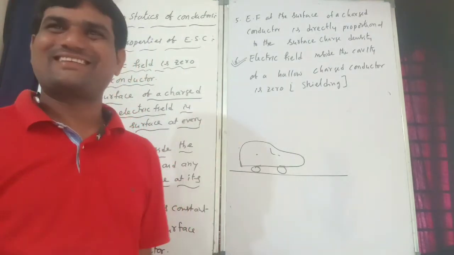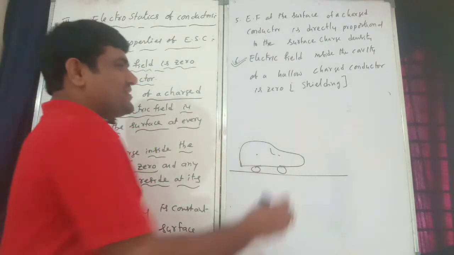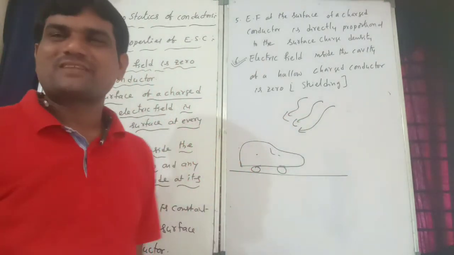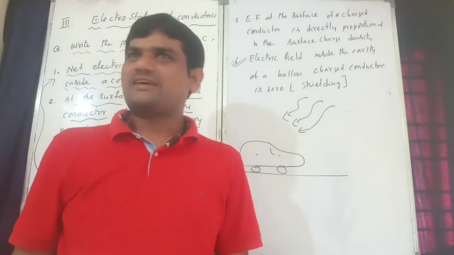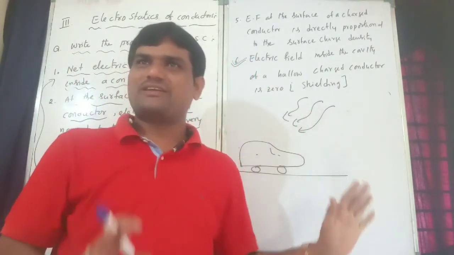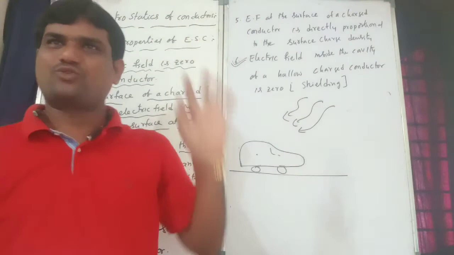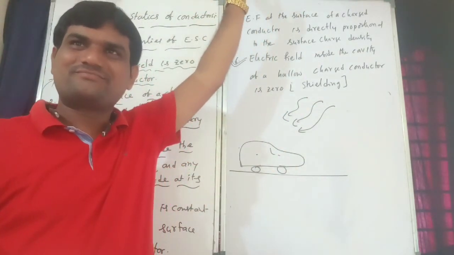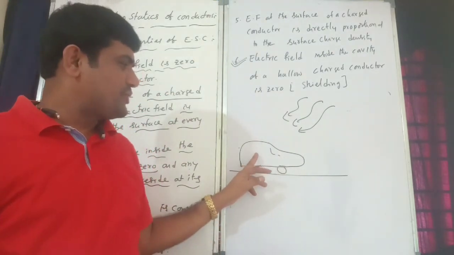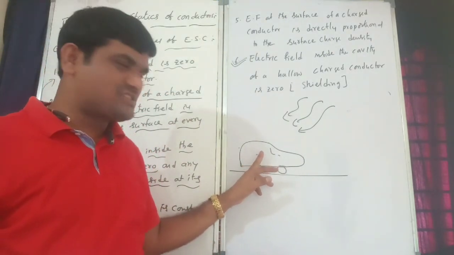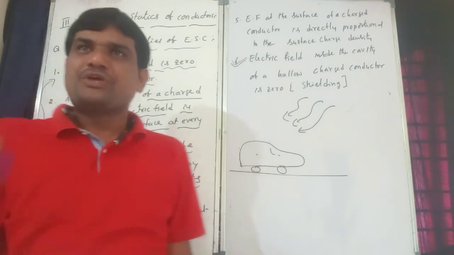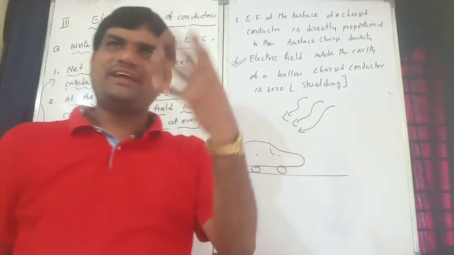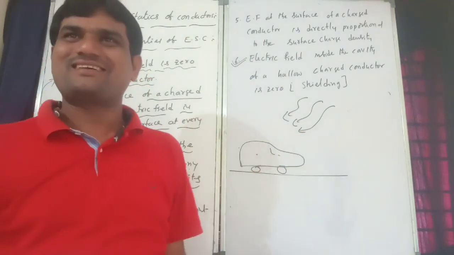Very good. Super. So thunder and lightning, everything happens like that only. You are not inside at home, you are outside. But if you sit inside the car, you did not get any damage.